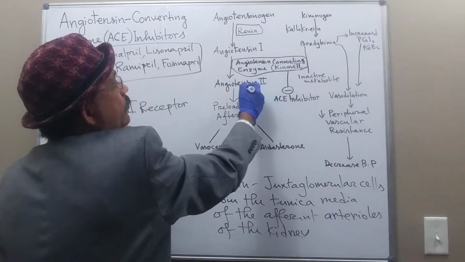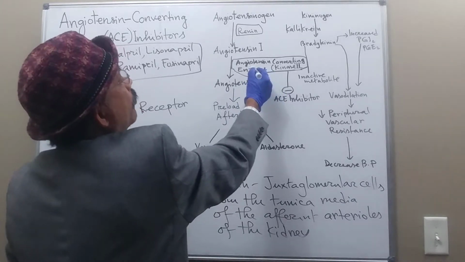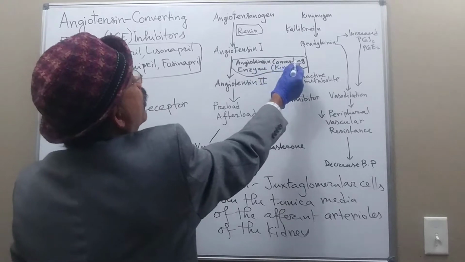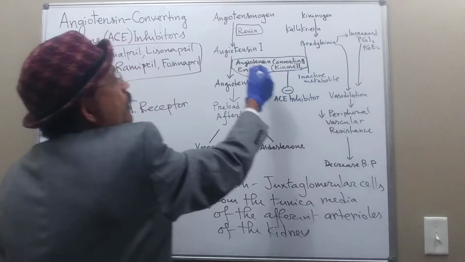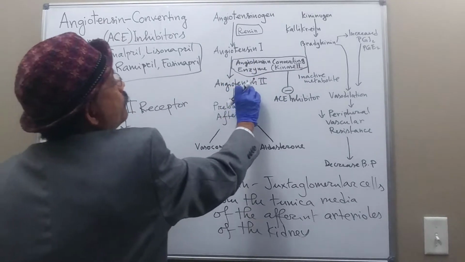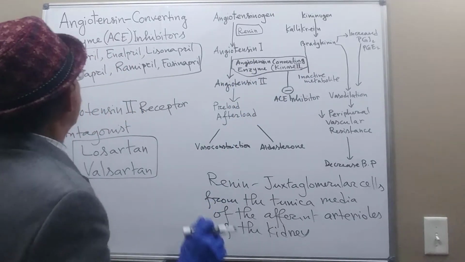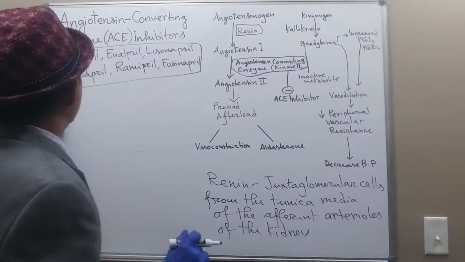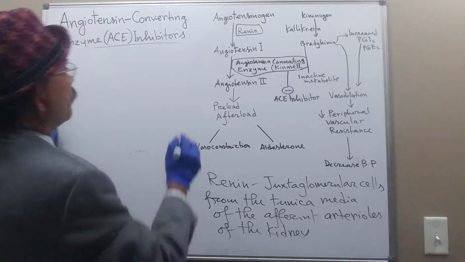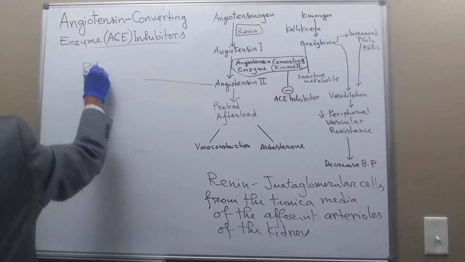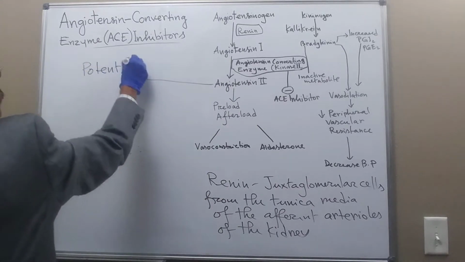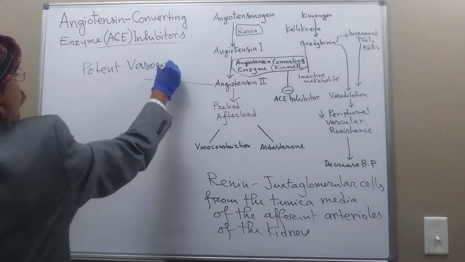That is done by an enzyme called angiotensin-converting enzyme, also called kinase 2. This is very important. Angiotensin 2 is a very potent vasoconstrictor.